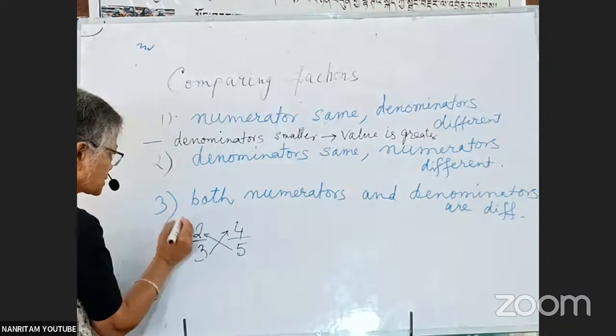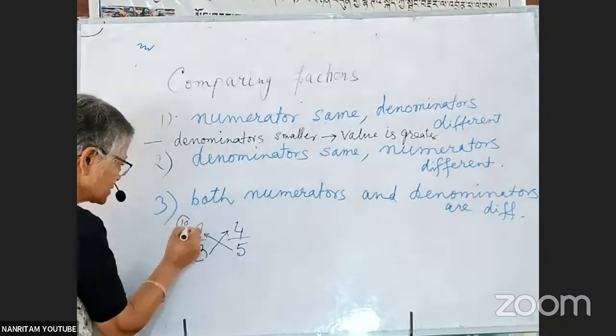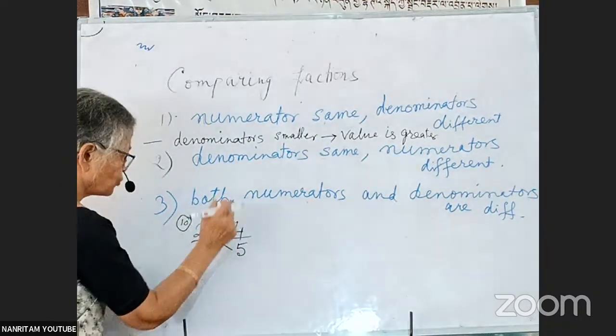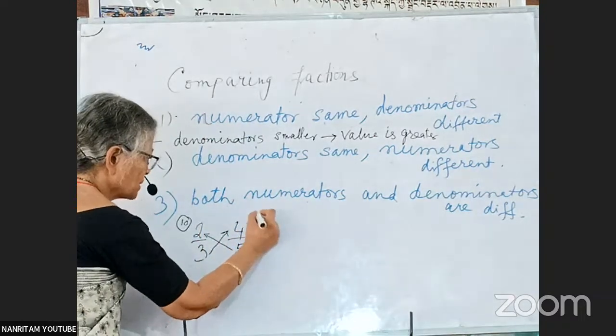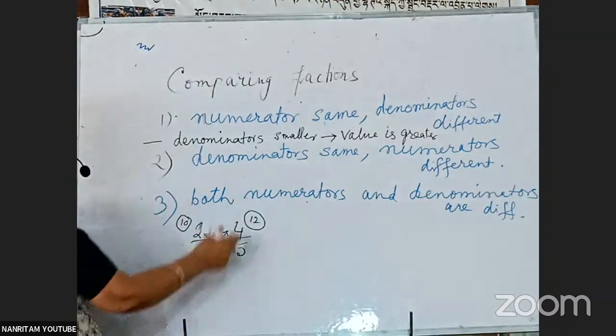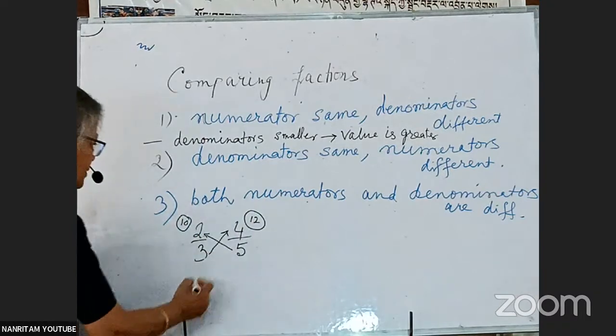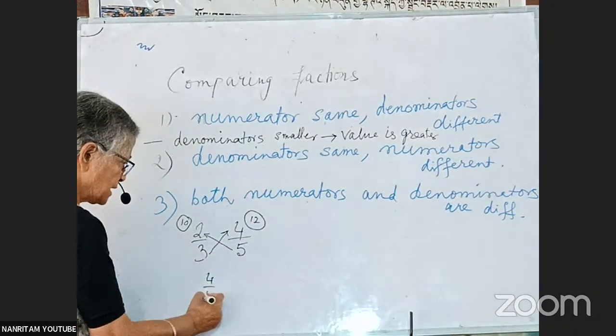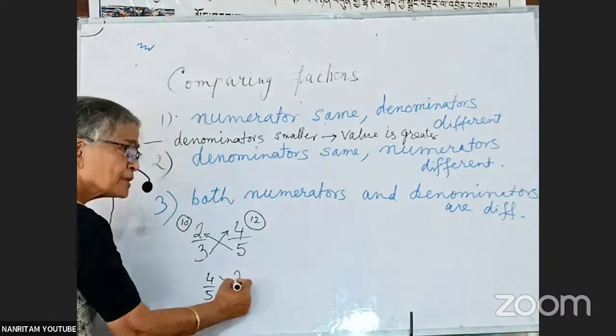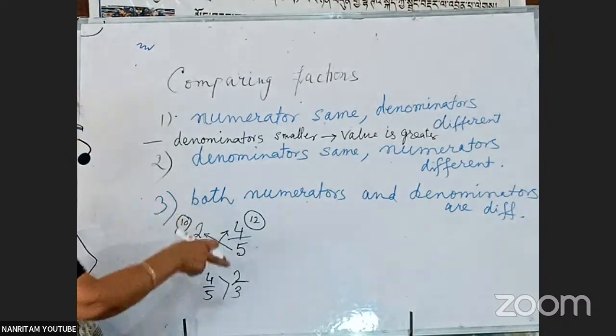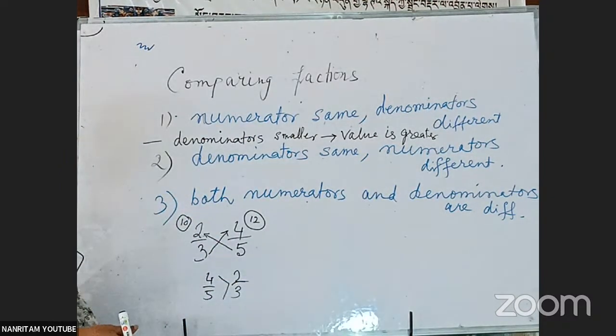So 5 into 2 is 10, and 3 into 4 is 12. This one is bigger. This is greater than this. Is that how you teach cross multiplication?